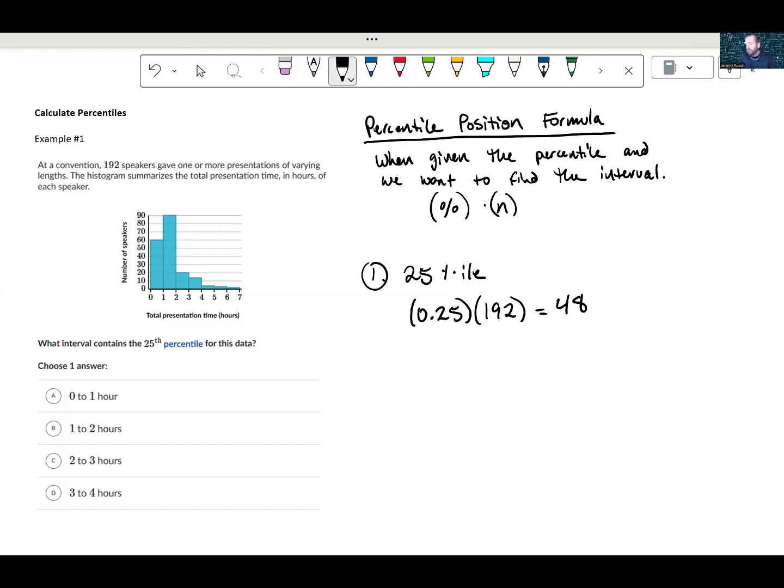We're just going to say the percent as a decimal, and that should be intuitive for us now being in stats. Percents as decimals. So we're going to write 25%, 0.25 times n. There are 192 data points in this, and that gives us 48. So it's just the decimal percent times the total number, and that's 48. Now we're going to find the interval where 48 lies.